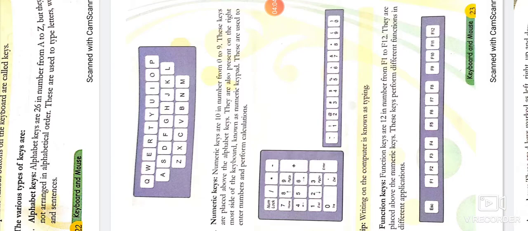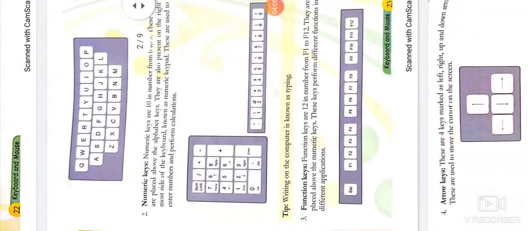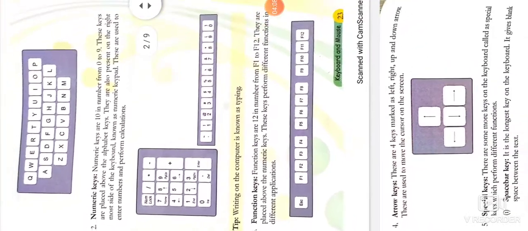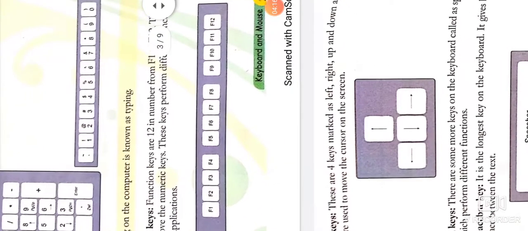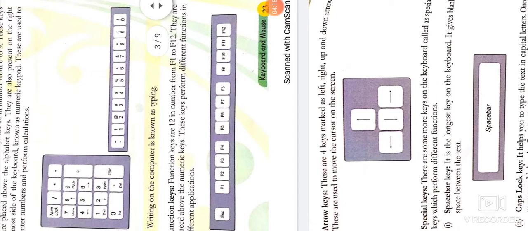Now move on to the next key. Next keys are function keys. Function keys are 12 in number, from F1 to F12. See the picture.